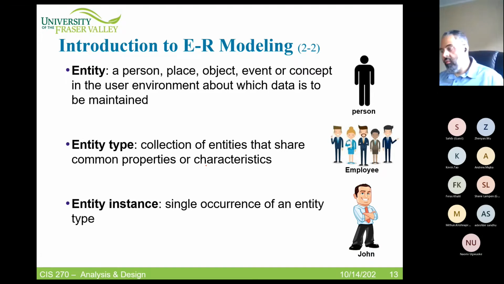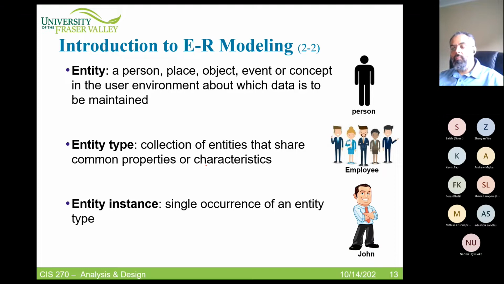An entity instance will be, in our later work, a row in the table. Suppose we are talking about a company, and we are making an information system for a factory, as in the example before. The employee entity will be an entity type, because you are going to store data for employees, with different fields like employee ID, date of birth, name, and job description, and each row will be about a specific employee, a specific instance.